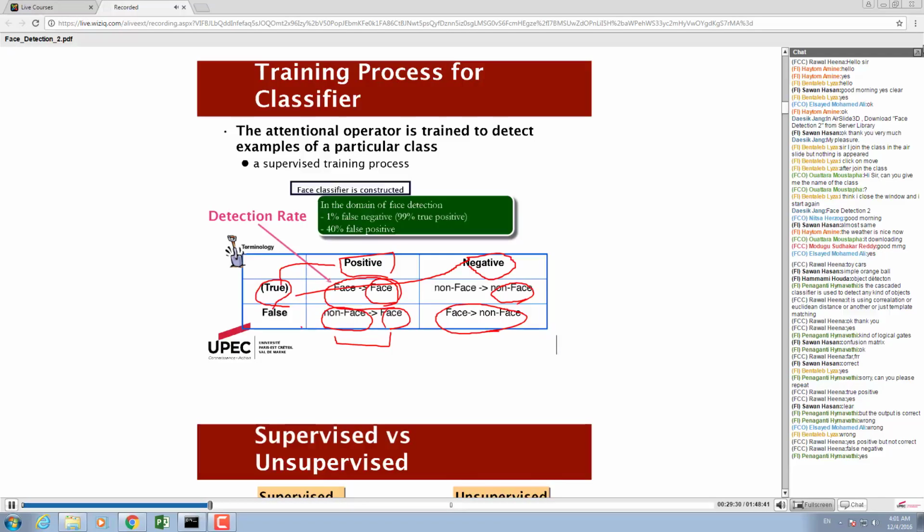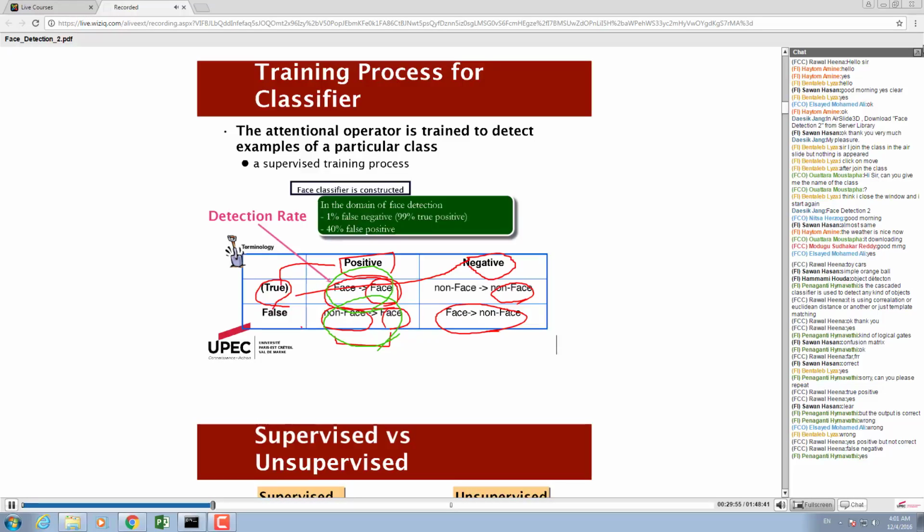We have four different cases. When we are studying this algorithm and especially this machine learning process, we need to understand these two terms, especially true positive and false positive.